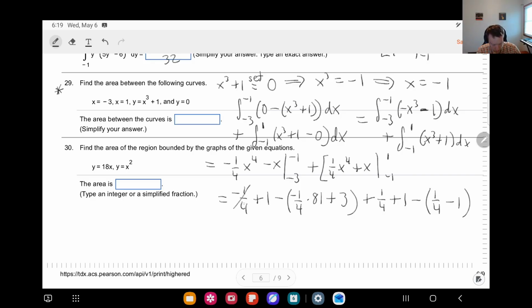With that negative outside, that'll be a positive 81/4. Let's write that. 81/4 minus this 1/4 out front here. Those come together very nicely. Then I'm going to have a plus 1, then minus 3. So minus 2 overall.